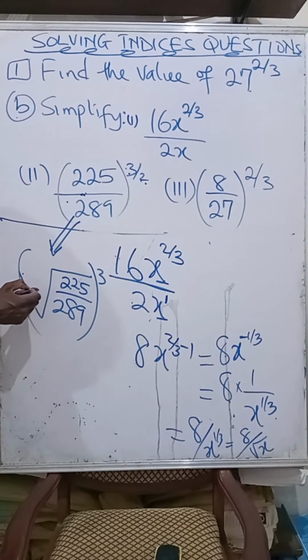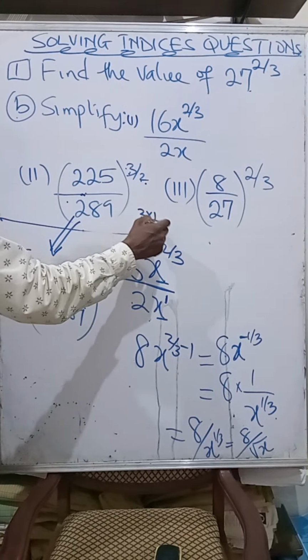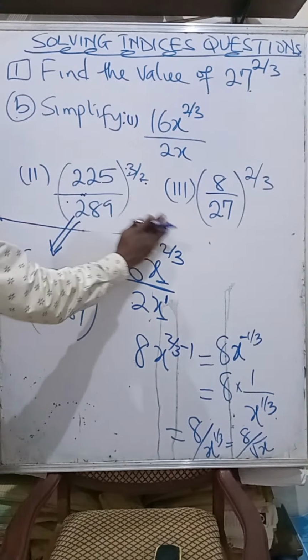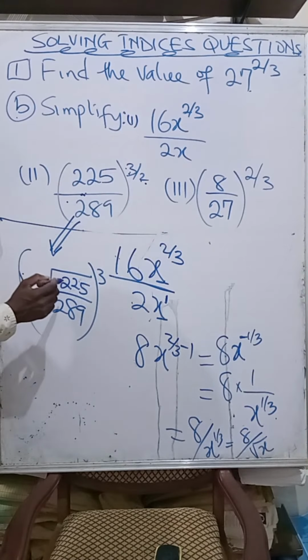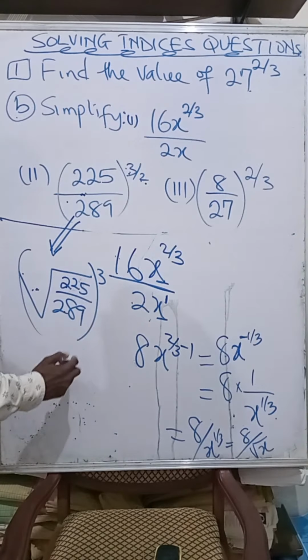There's no need to put 2 here, because that 3 over 2 is the same thing as 3 times 1 over 2. So there's no need to put the 2 there. So then get the square root of 225, get the square root of 289. Take your calculator. Square root of 225 is 15.